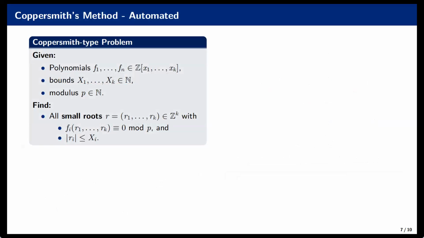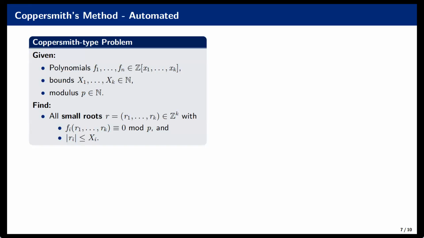In the coupled method, you try to solve a coupled problem. There you're getting polynomials in k variables, as well as some bounds, capital X1 up to Xk, and some modulo p. What you want to find is all the small roots of these polynomials over p, where the root should not be bigger than these bounds.